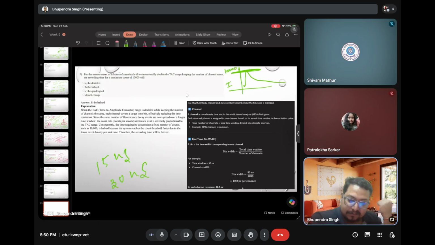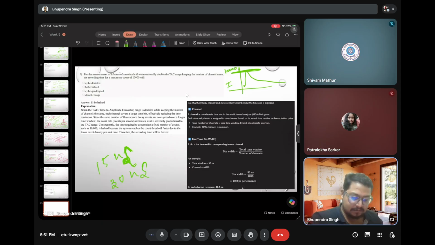So they are asking for the measurement of the lifetime of a molecule: how much time it will take to reach the 10,000 count, or intensity of your data will be 10,000. Right?